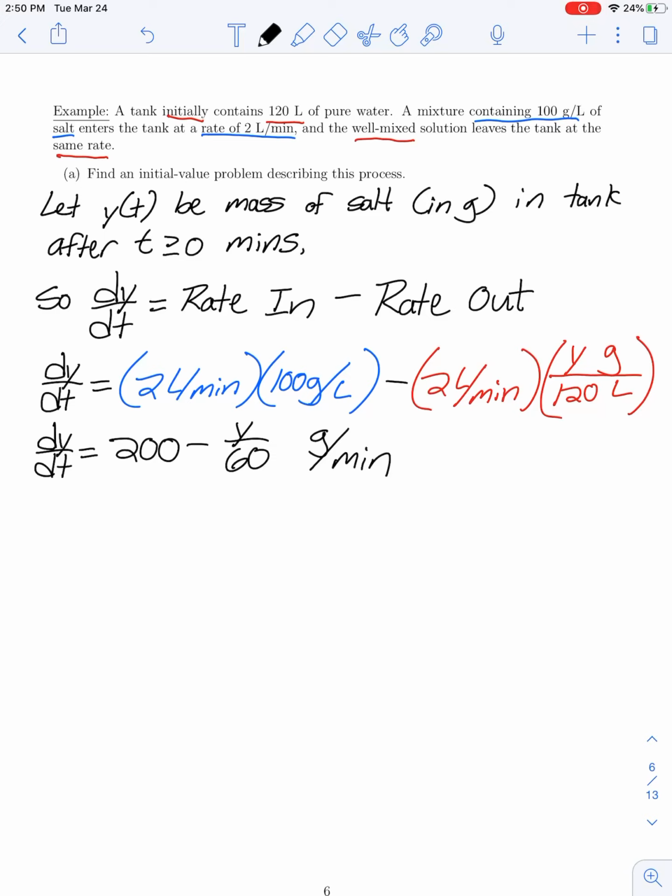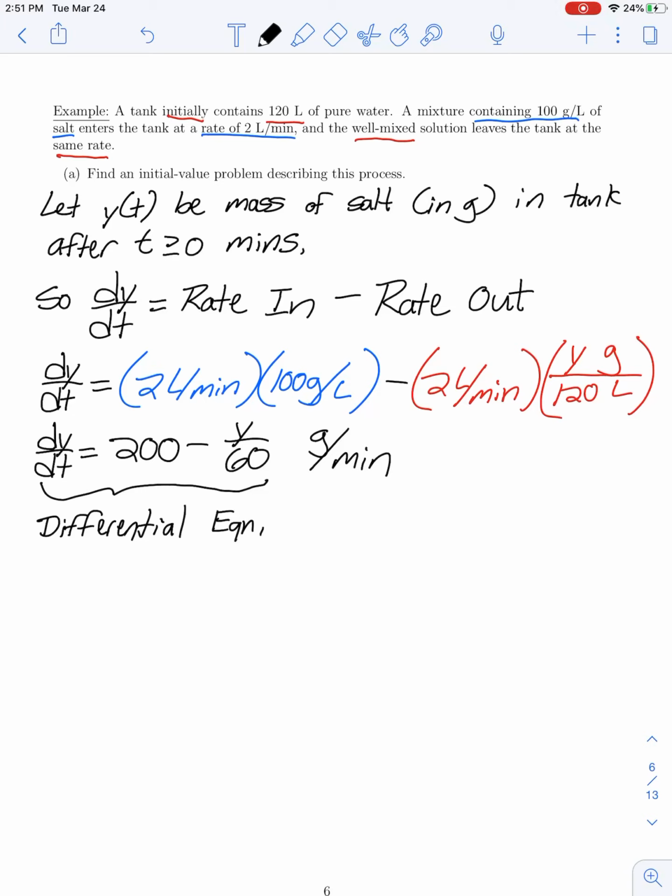So we have this differential equation for the rate at which our salt content is changing over time within this tank. So this is our differential equation describing this process. And we're asked in this question to find an initial value problem for this process.